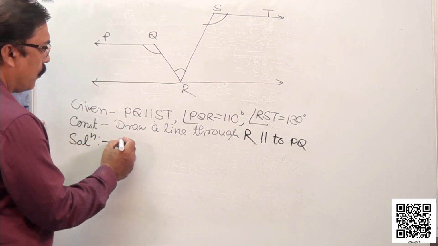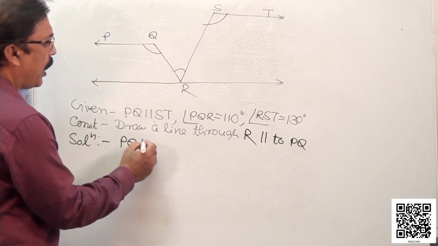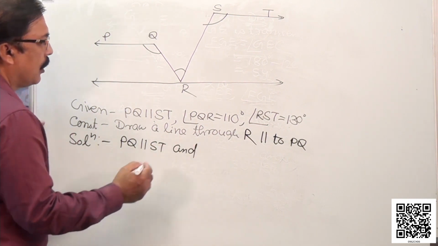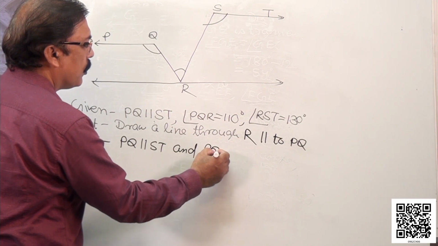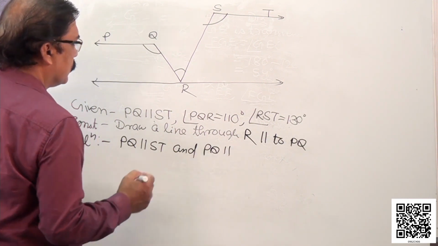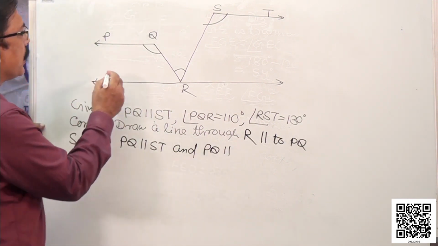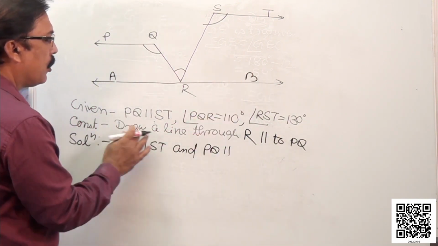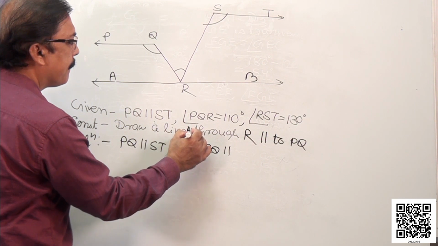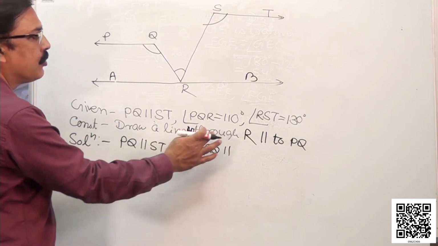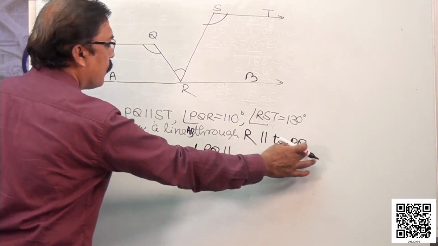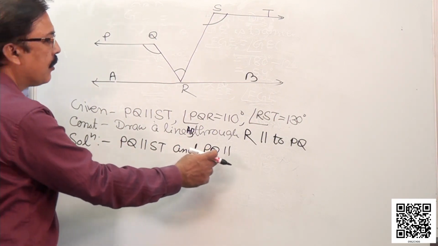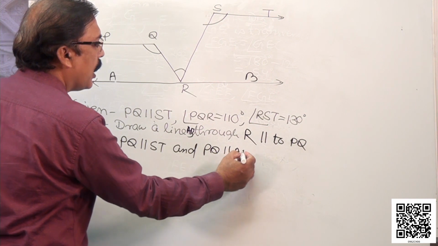If PQ is parallel to ST and PQ is parallel to, say, let this name be AB. Draw a line AB through R parallel to PQ. PQ is parallel to ST and PQ is parallel to AB.